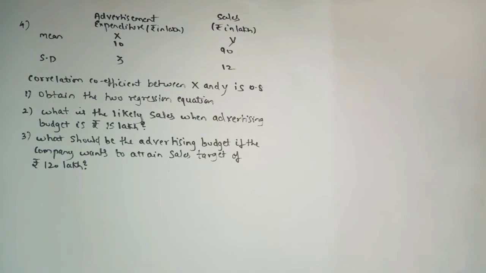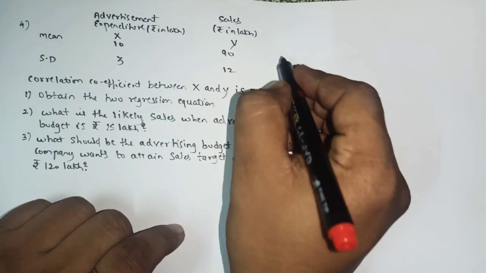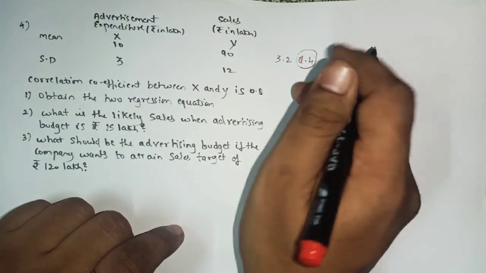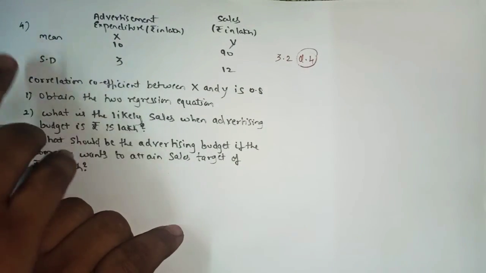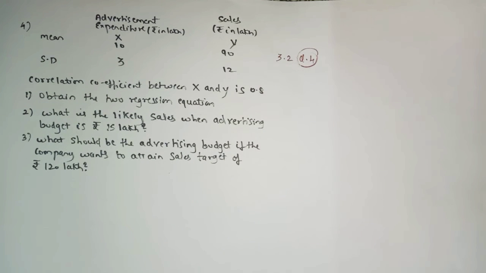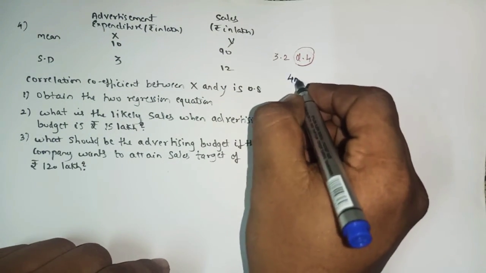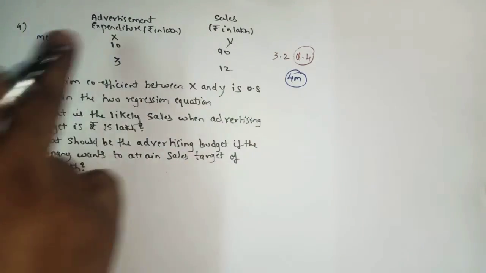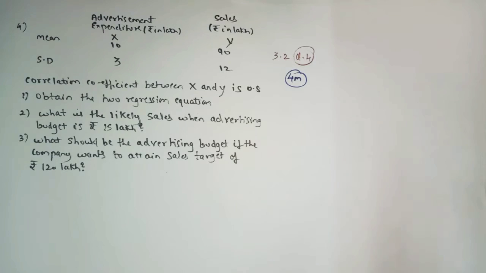The same question is there in exercise number 3.2, question number 4. Remember this, it is a very important sum for a proper 4 marks sum. Simply I will explain the data which is given and what exactly you have to find.